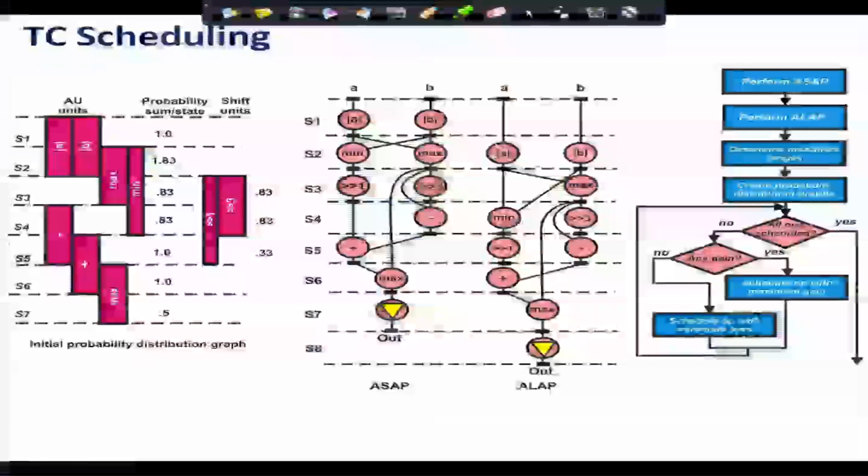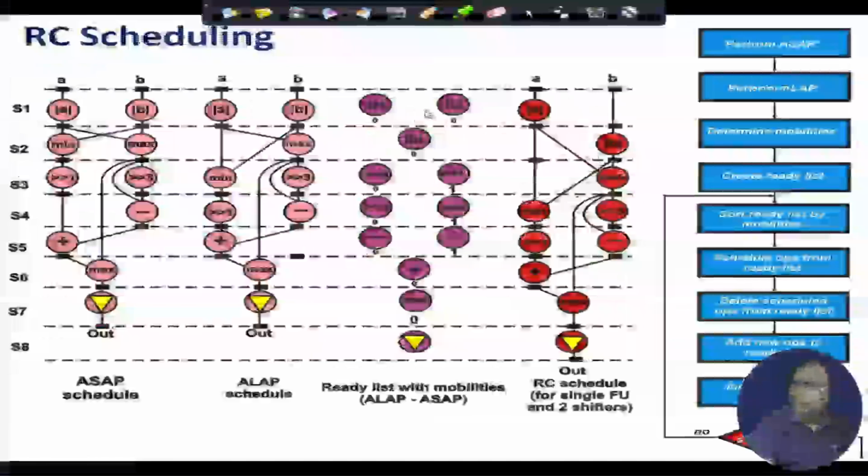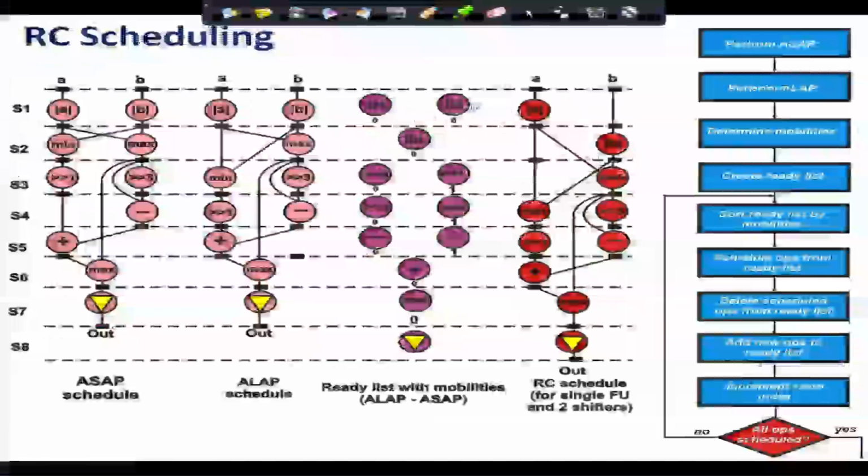So, here you see A and B. Now, I have got my ASAP here. This is my ASAP schedule, right? This is my ALAP schedule. Now, this ALAP schedule is different from the ALAP schedule that was shown earlier, right?